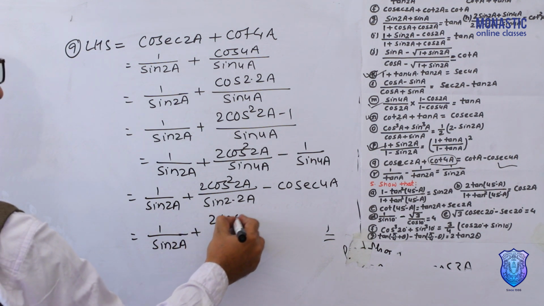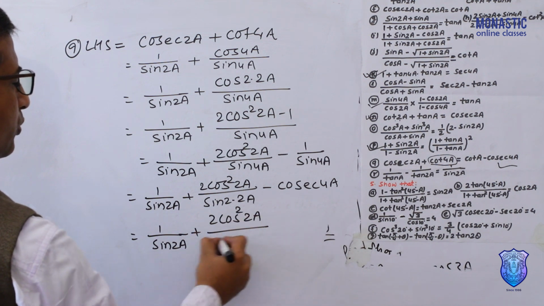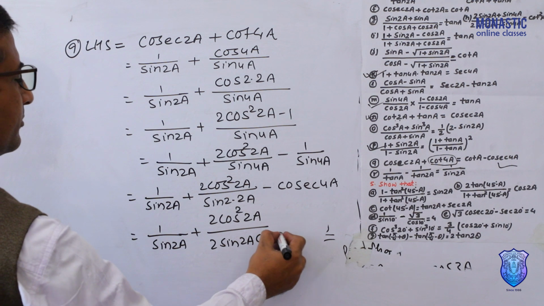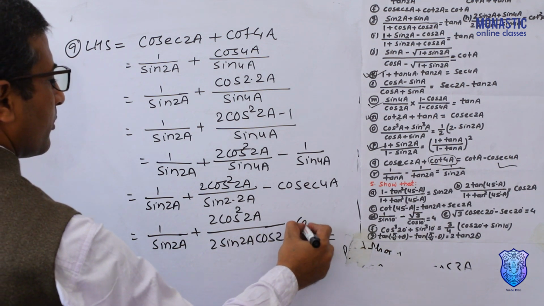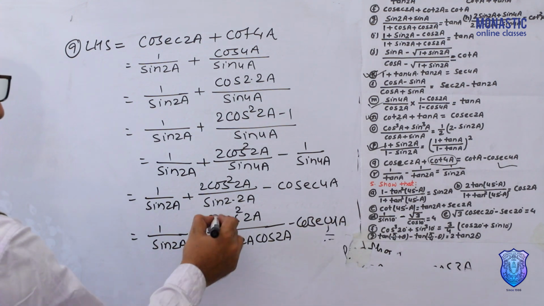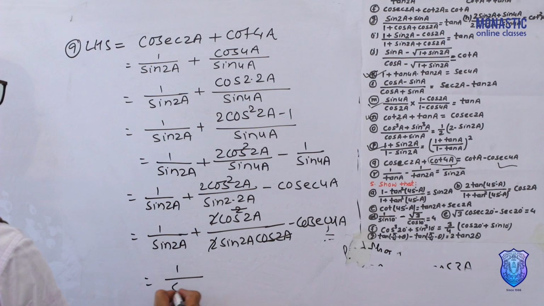What's the formula we have of sin 2A? 2 sin A cos A, but in place of A there is 2A. Cancel this. What is left?